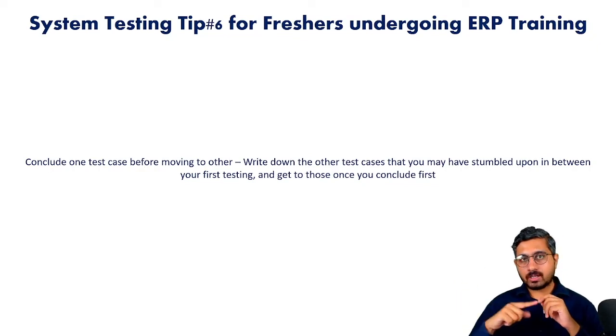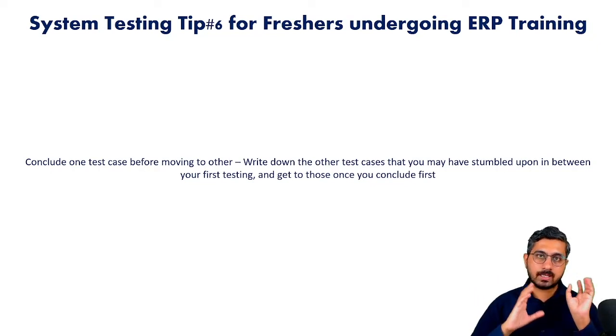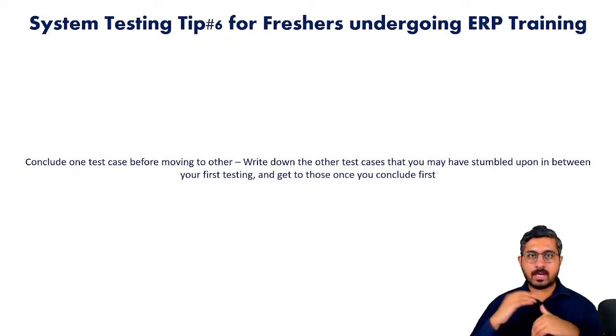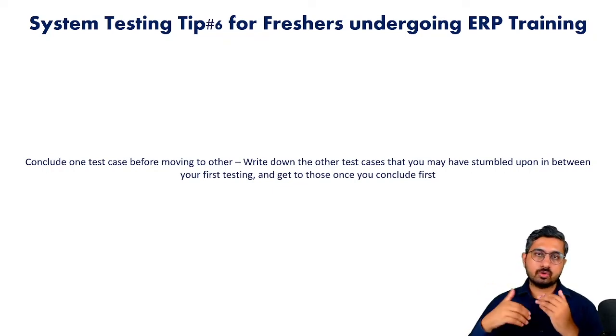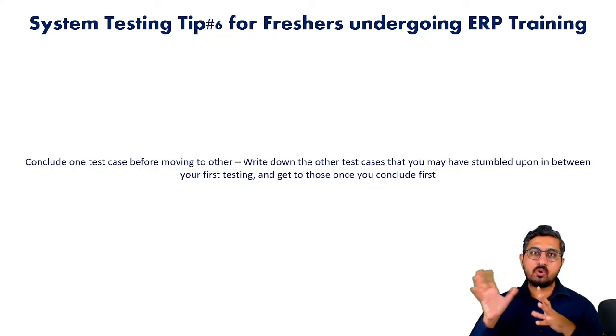Rather, just go back to your test log and record that scenario or thought that has come to your mind as a separate test case. Come back to your current test case, conclude that first, and then go to the next test case that you have recorded in your testing log. This is very necessary to do your testing in an organized and time bound manner.